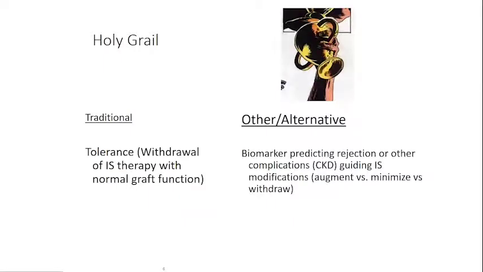And so really what we are trying to develop, and have made some headway on, is a way to monitor immunosuppression much better so that we can optimize it. The traditional holy grail is withdrawal of immunosuppression after transplant. But this is only possible in a small percentage of patients. It may be possible in a high percentage of select patients.